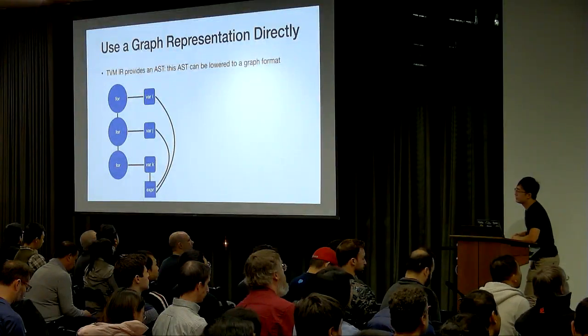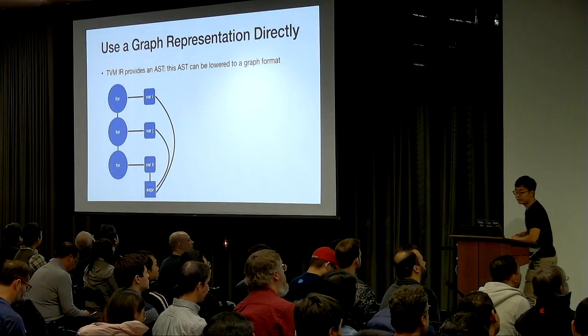And so one observation is that part of these limitations comes from the fact that we use feature representations for these cost models that are specific to workloads or to compute expressions. So if we increase how well the feature representation generalizes, then potentially we can improve how well the cost model generalizes too. And so one possibility here is just to use a graph representation directly.